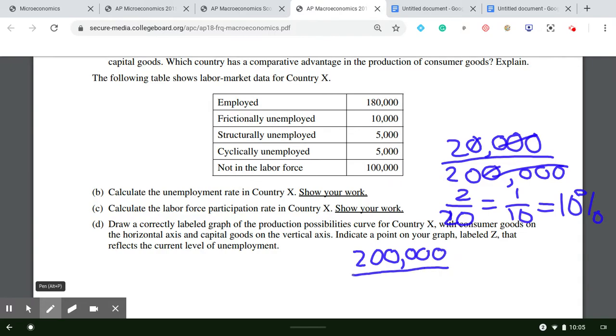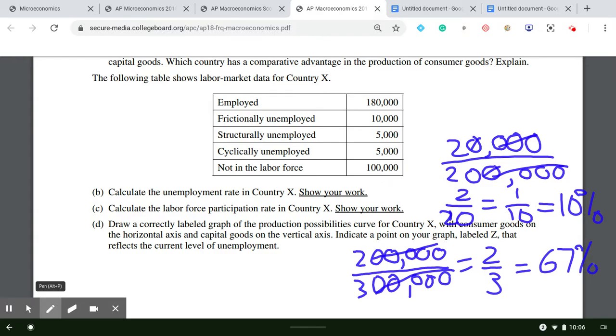But our adult population is 200,000 plus this 100,000 who are not in the labor force. They could be discouraged workers, they could be retired, they could be homemakers, they could be any number of things. That's 2/3, which is about 67%. Okay.